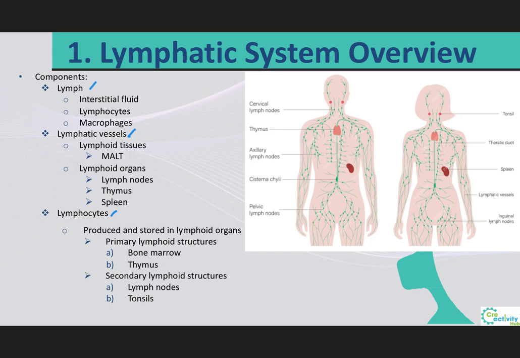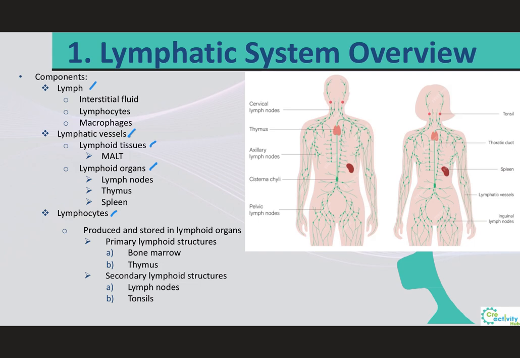The vessels that carry the lymph are called the lymphatic vessels, and the cells suspended within this fluid are known as the lymphocytes. Specialized lymphoid tissues and lymphoid organs adjust the composition of the lymph and produce lymphocytes of various kinds, which we will cover in this module.